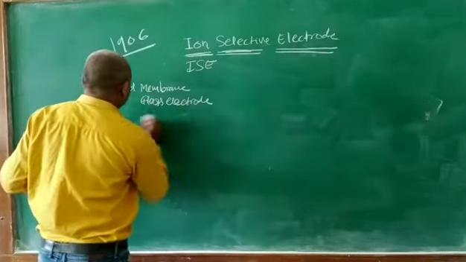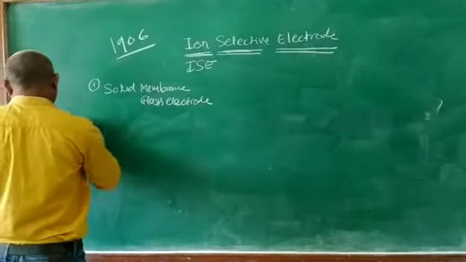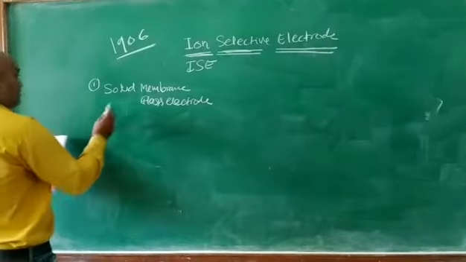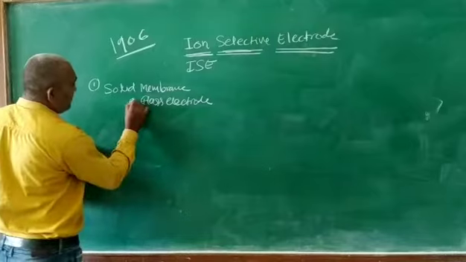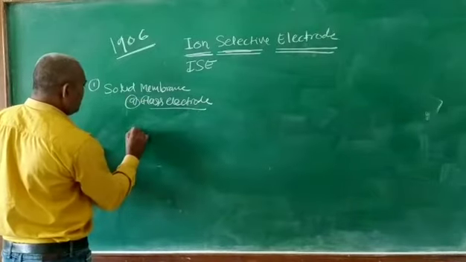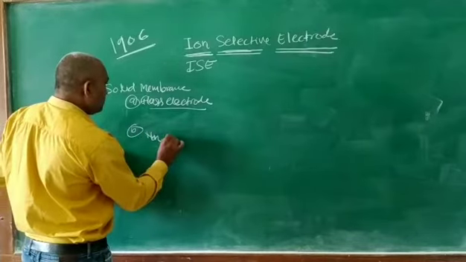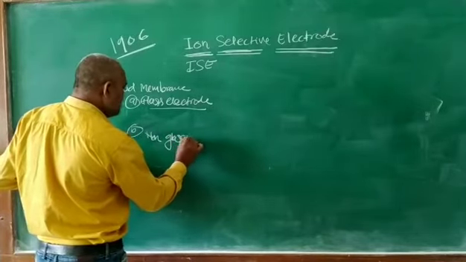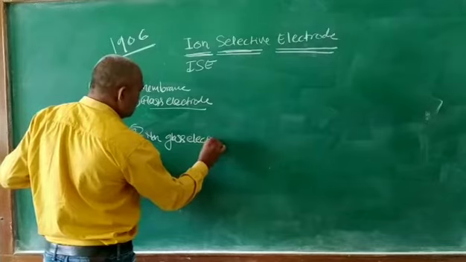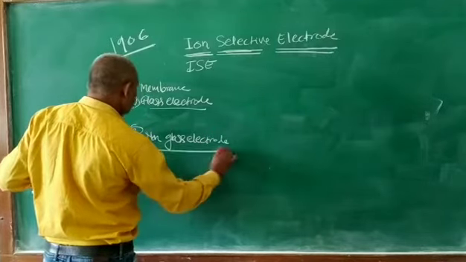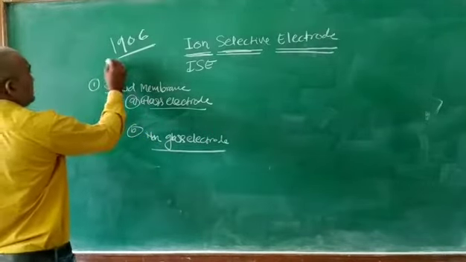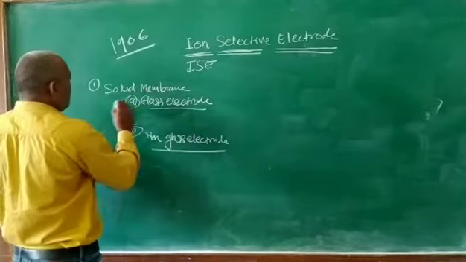In the solid membrane electrode, A is the glass electrode and B is the non-glass electrode.